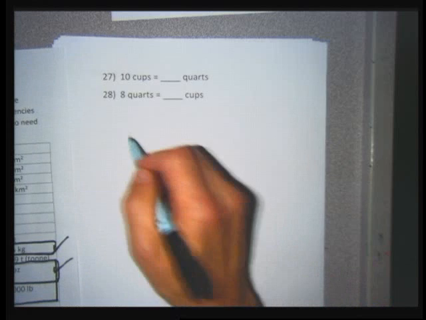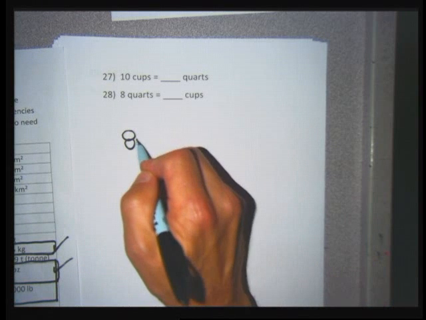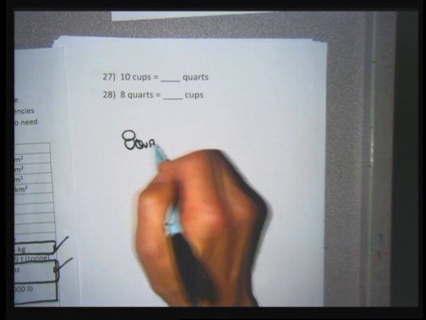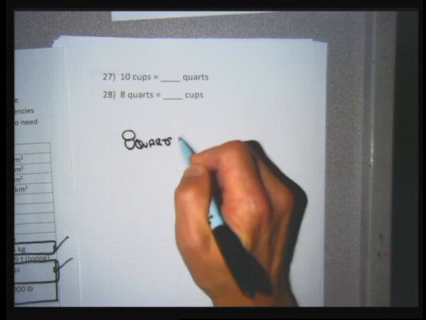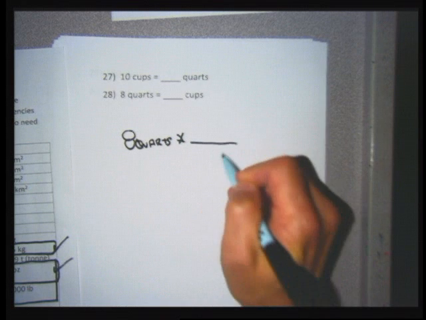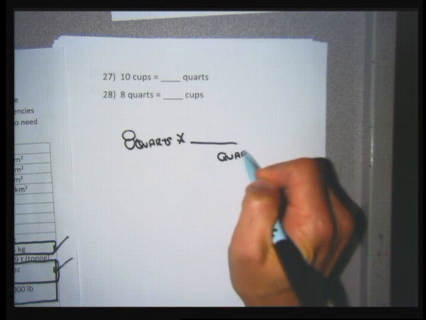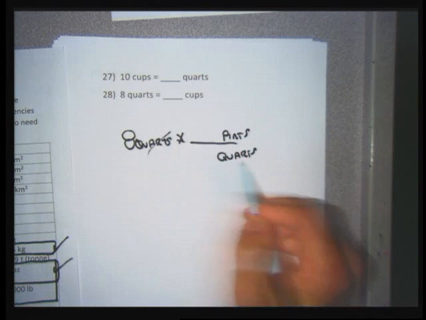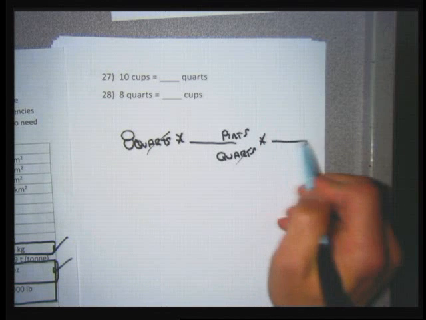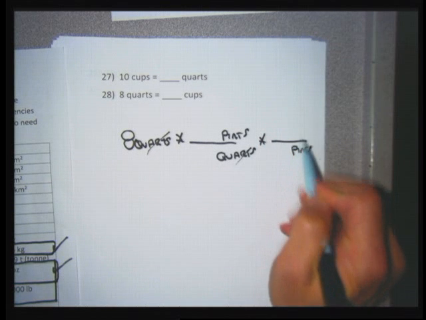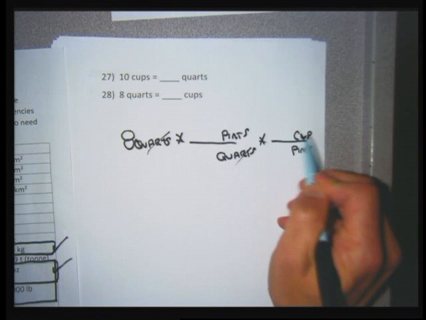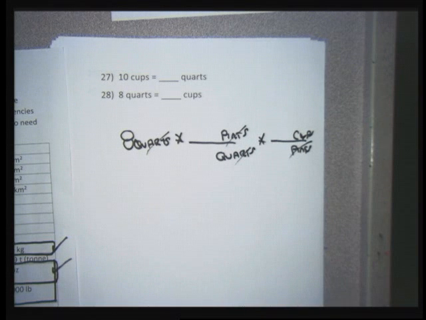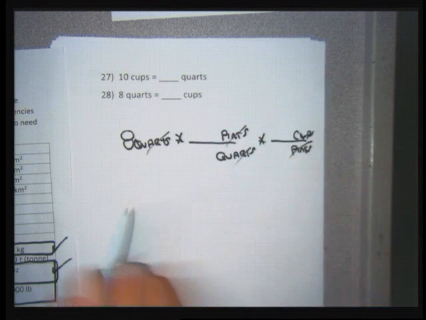So for mine, I'm going to start off with my 8 quarts. Apparently I didn't know how to abbreviate quarts, so I just wrote it. And I'm going to get rid of the quarts and end up in pints. That will make the quarts cancel. And then I'm going to get rid of the pints and end up with cups. That will make the pints cancel. So my units are going to wind up with cups because the quarts and the pints will cancel and the cups will be left.